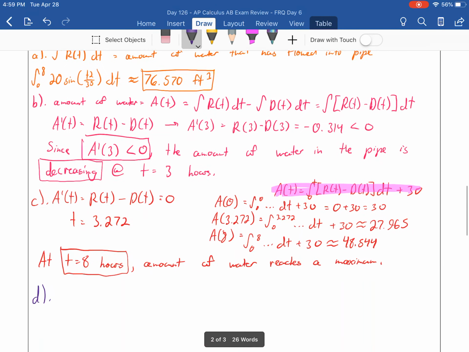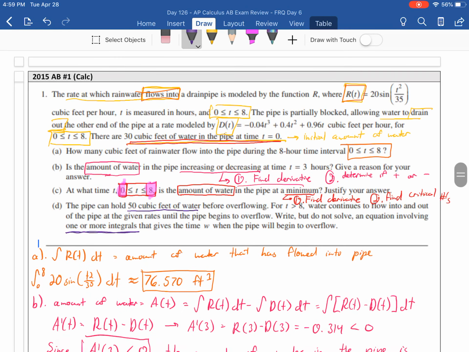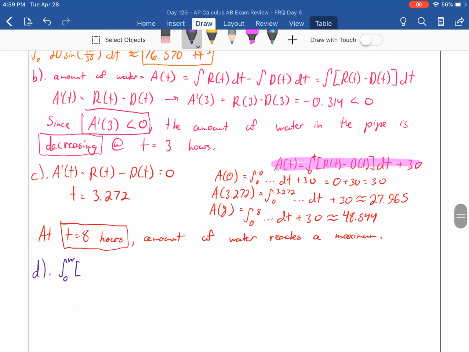Well, if you recall from part C, we have an equation for the amount of water. Part C told us that the equation for the amount of water is just the integral from 0. We're going to say W this time since it tells us find but do not solve an equation that gives the time W when this happens.